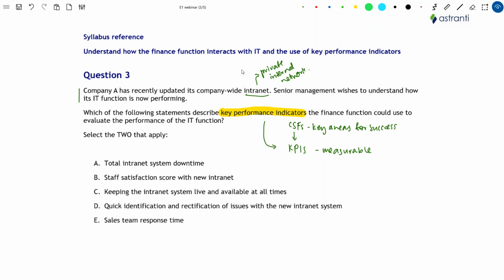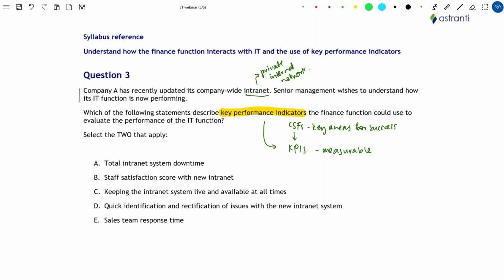The first thing to think about is, is this measurable? Because remember, KPIs, they are measurable. Well, in this case, you could measure the minutes or the hours that the internet system is down in a certain period of time. So it is indeed measurable. And is it based on a critical success factor? Well, in this case, again, yes. If the internet spends lots of time down, then that's going to hinder the organisation's operations.